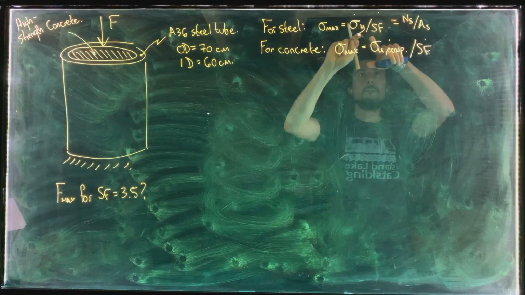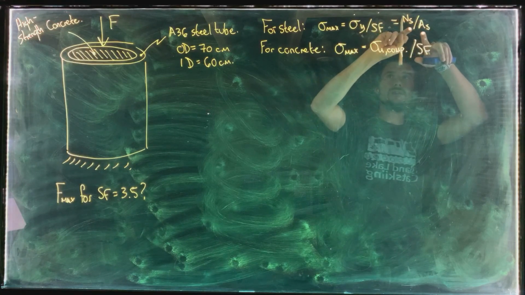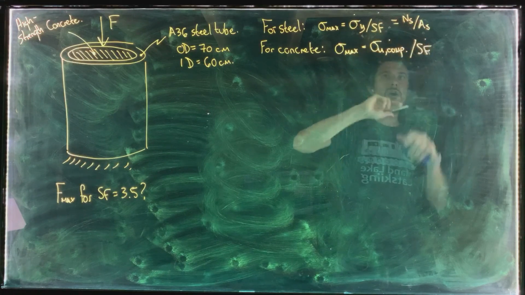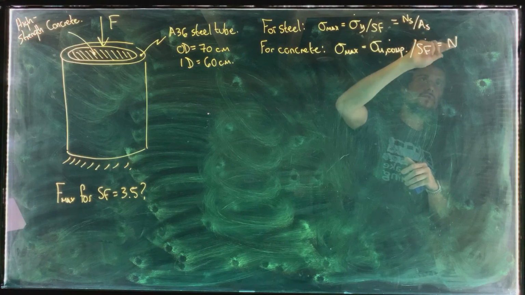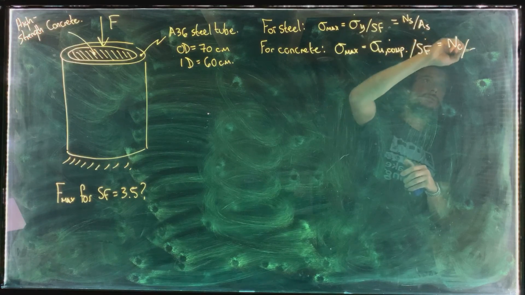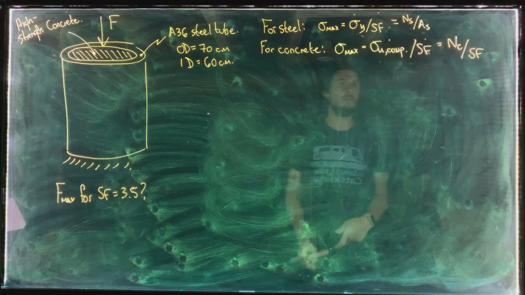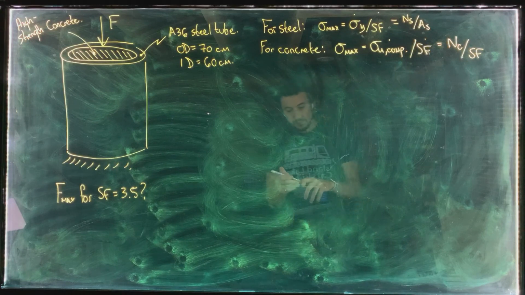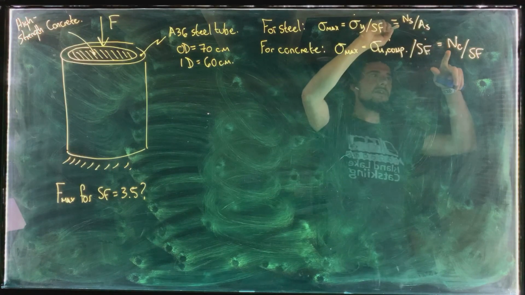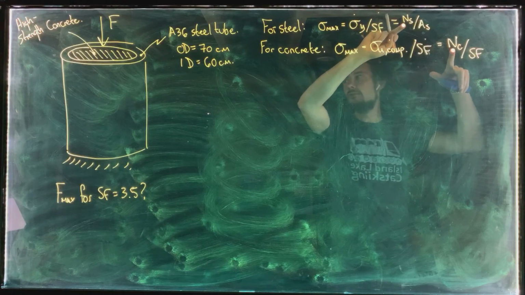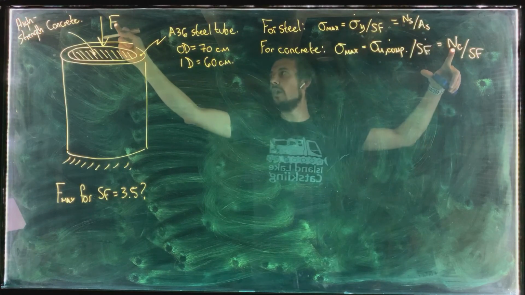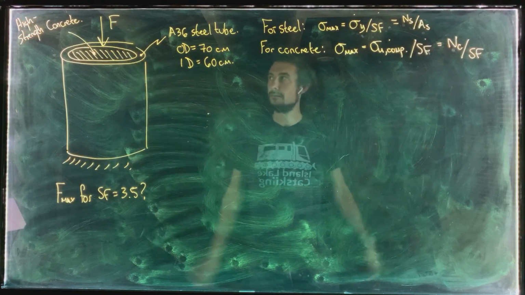So we're setting maximum stress equal to maximum stress. And then for concrete, the internal normal force in the concrete divided by the cross-sectional area of the concrete. So what we need is expressions that give us the internal normal force in the two materials in terms of our unknown load F.